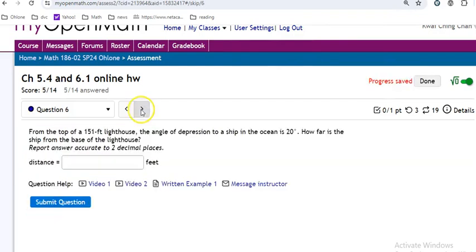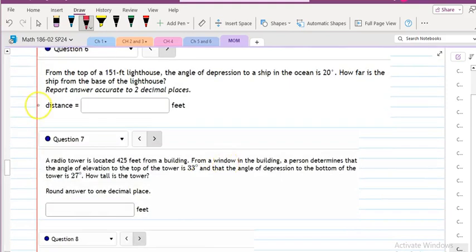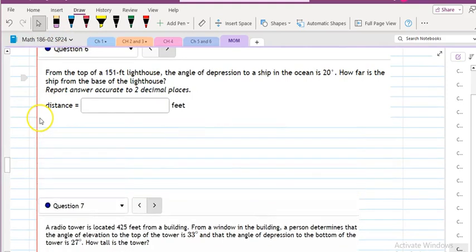Yes. 6. From the top of a 151 feet lighthouse. Look at the notes. So put some space here to draw a picture. Obviously, there's a lighthouse, like that.